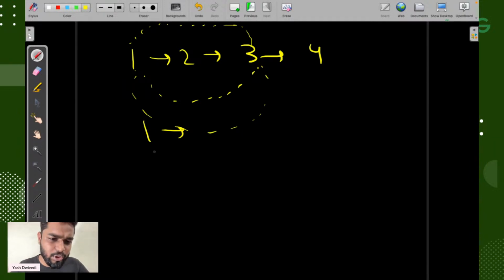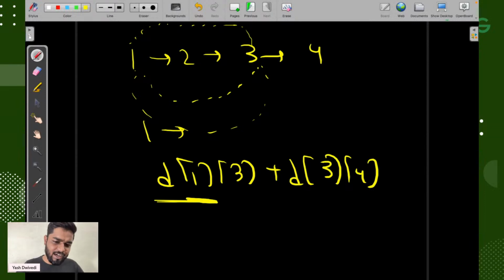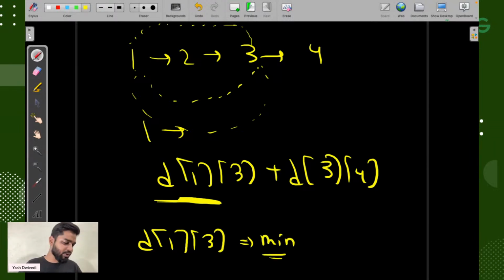What you need to understand here is that if I am calculating the distance of 1 to 3 plus the distance of 3 to 4, then the distance of 1 to 3 must already be calculated. It should already be minimum, it should already be optimal.